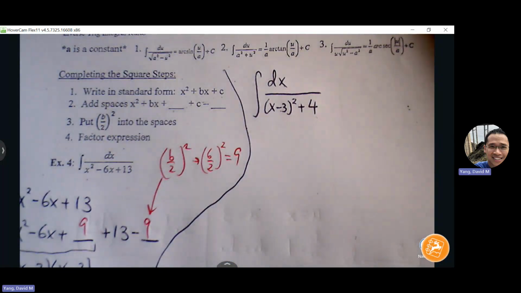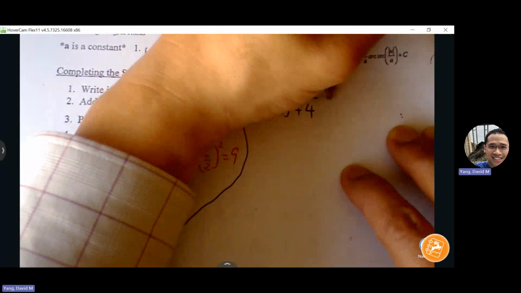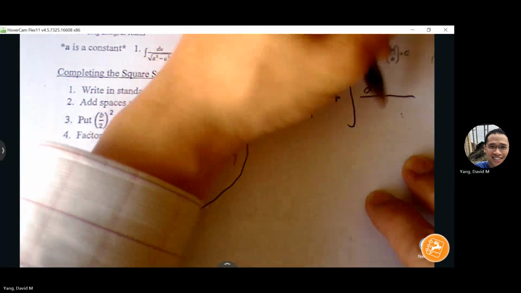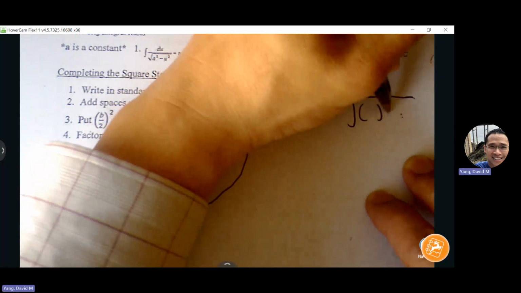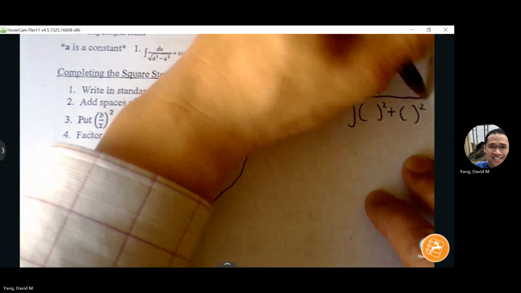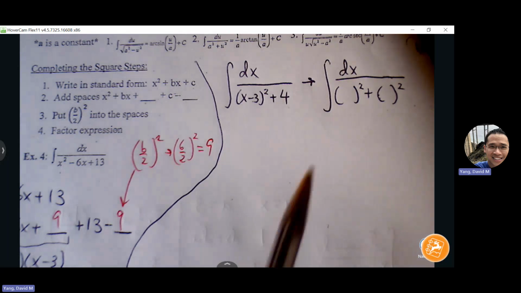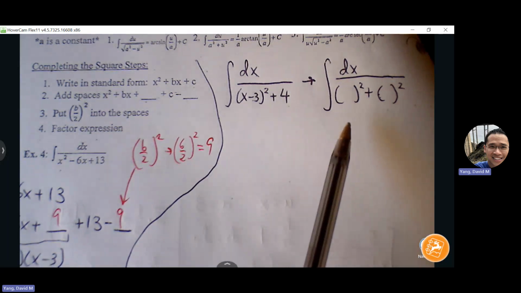Okay, so now we're ready to go through our full process, getting our denominator to show parentheses. So basically, we're including a step before our first step from the first page. We're doing the complete the square step so that we can get to our starting point that we did on the first page.